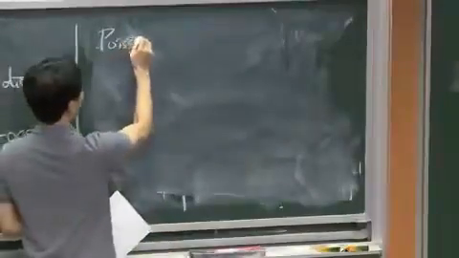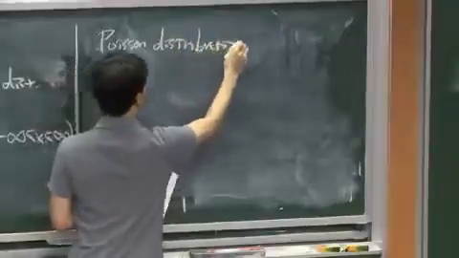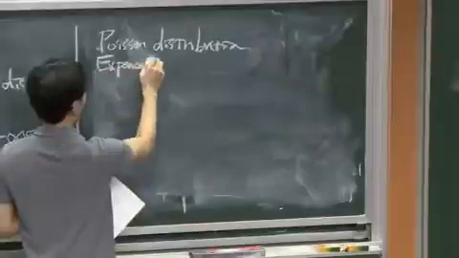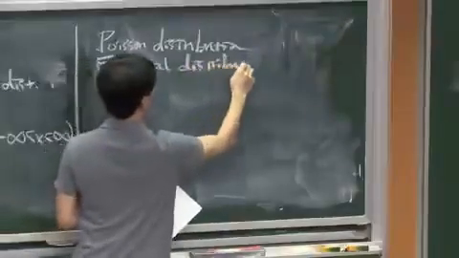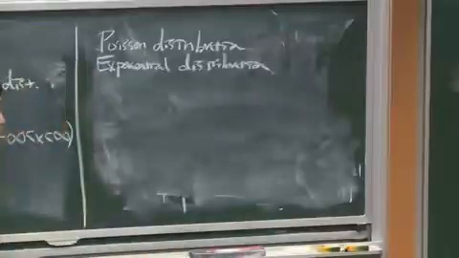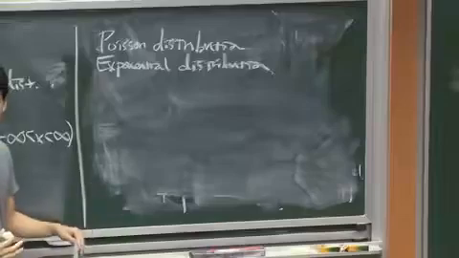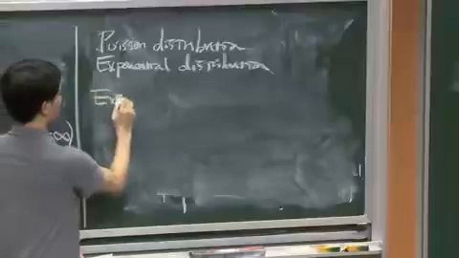For example, you have Poisson distribution or exponential distributions. And all of these, normal, log normal, Poisson, exponential, and a lot more, can be grouped into a family of distributions called the exponential family.